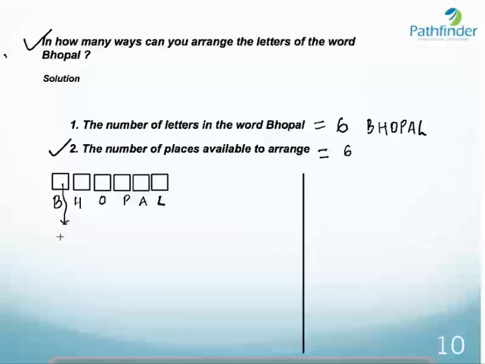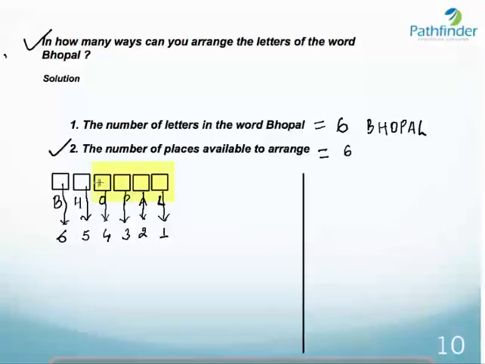Obviously, in how many ways can the first seat be chosen? The first seat can be allocated to any of the 6 letters. So in 6 ways. In how many ways can the second seat be allocated? Because one letter is occupied now, there will be 5 ways of allocating the second seat.